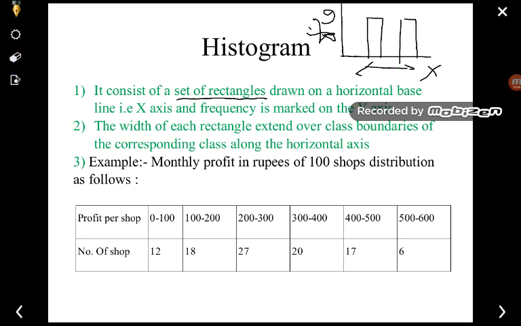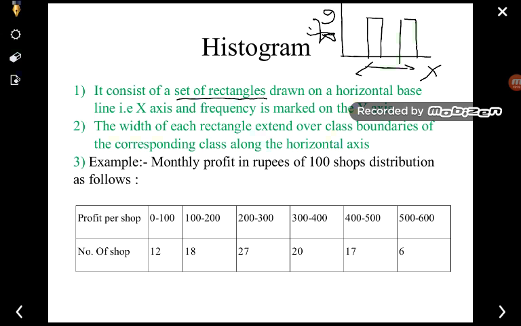The width of each rectangle extends over the class boundaries of the corresponding class along the horizontal axis, and a particular gap should be maintained between the two rectangles.